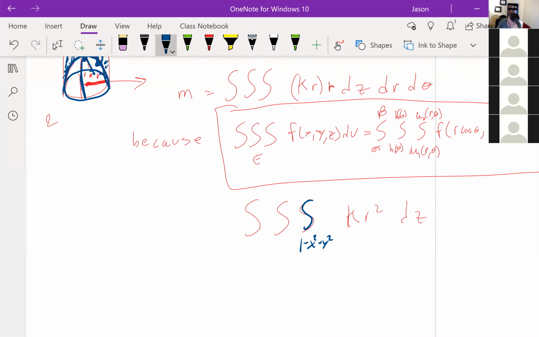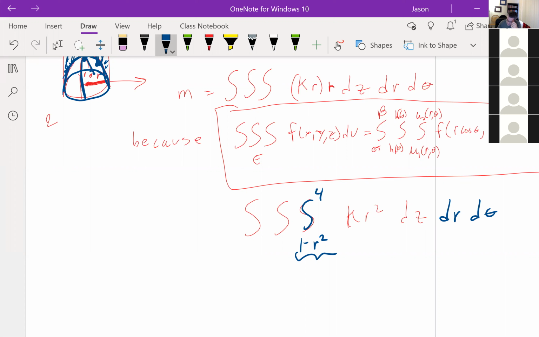From that up to 4. But here's the big but: what is this thing in terms of r's and thetas? Because we want dr d theta. Well, isn't x squared plus y squared equal to r squared? So I don't want just this, I want this in terms of r's and thetas. So that's 1 minus r squared.